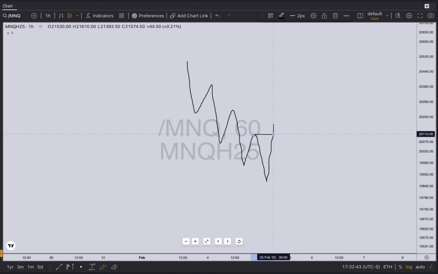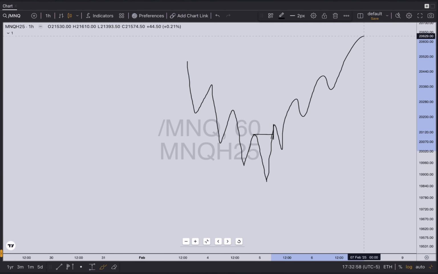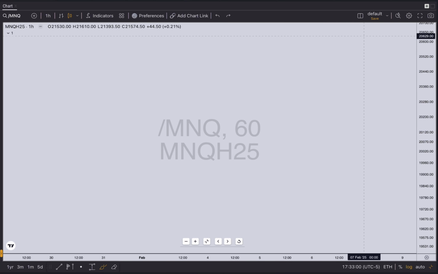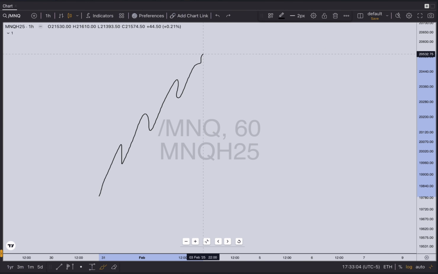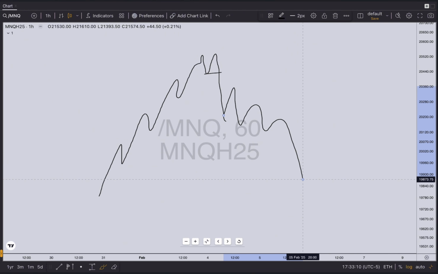Okay. Now, a very important point to talk about. Not every market structure shift or break means we're going to shift in trend. What do I mean by this? Every market that you look at in hindsight, that shifted, you will always see that it started with a market structure shift.